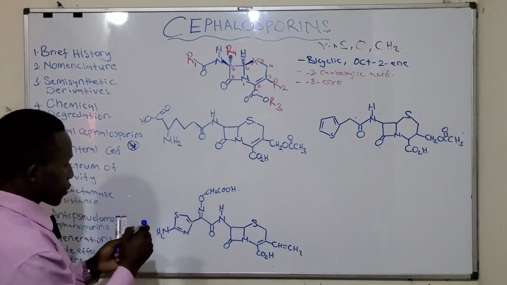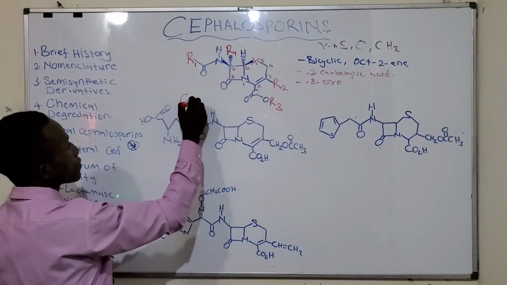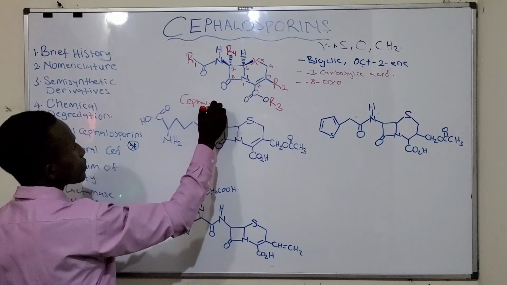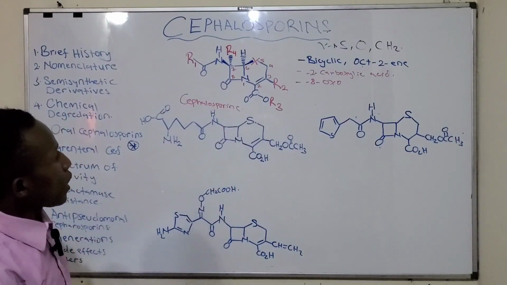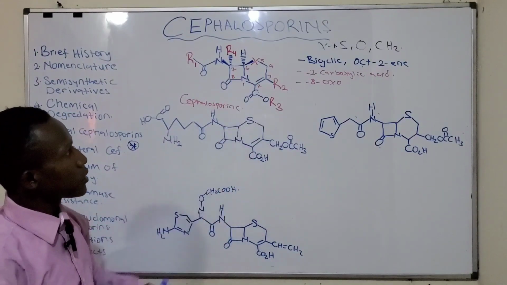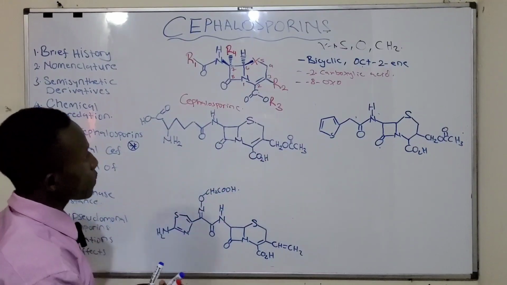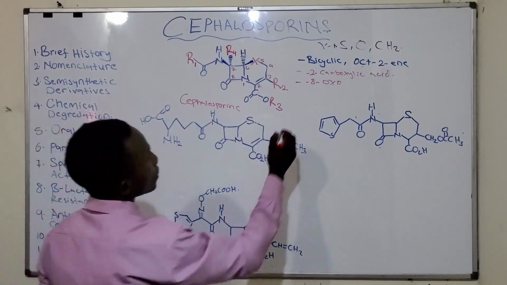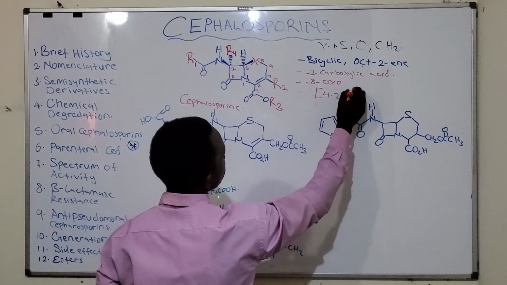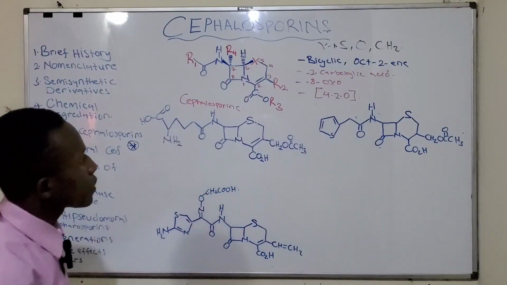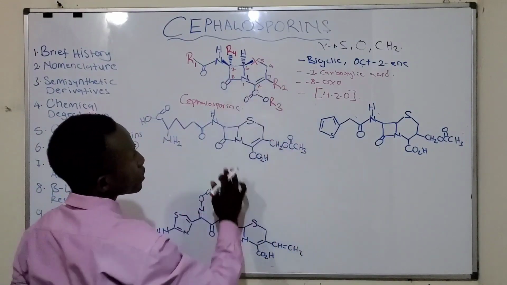Meaning that for the nomenclature of this compound, this is cephalosporin C. I can name the ring alone, then I can name these substituents. Also, this ring is a bicyclo[4.2.0]. How does it come? This 4 is the number of atoms in the large ring.